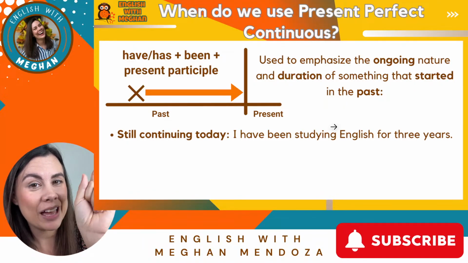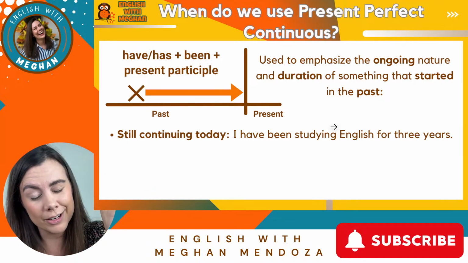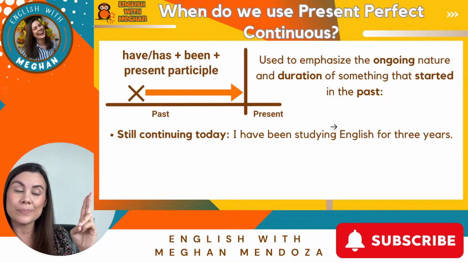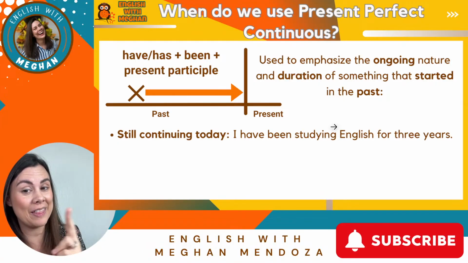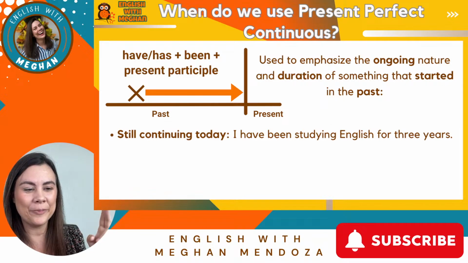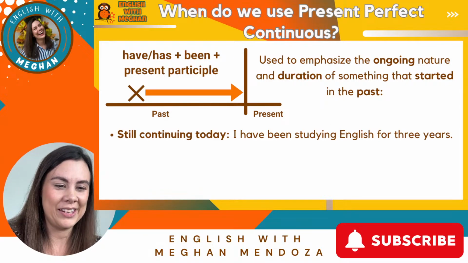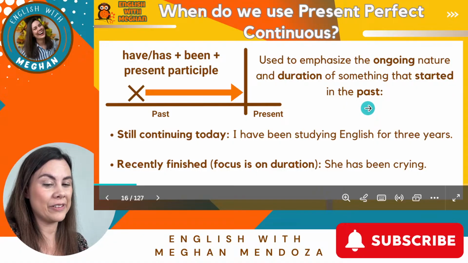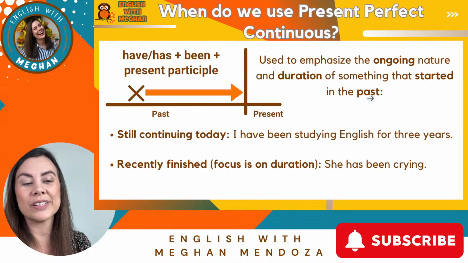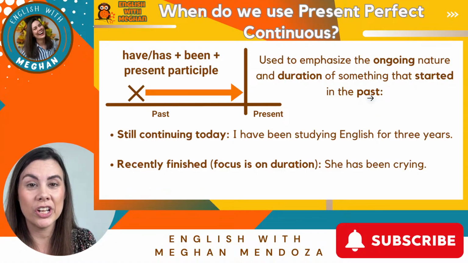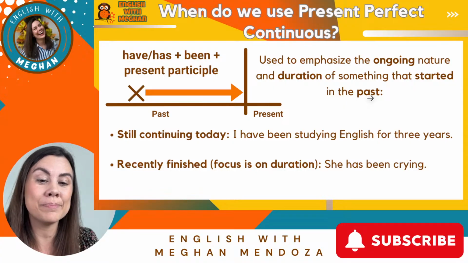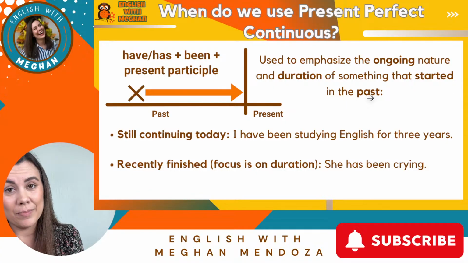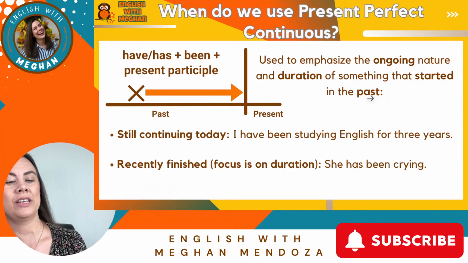When you have that, notice, ding, ding, ding, present perfect continuous, maybe that too. Recently finished, okay? The focus here is on the duration. She has been crying. Sad but true, all right?